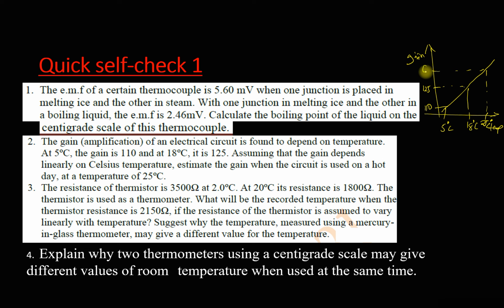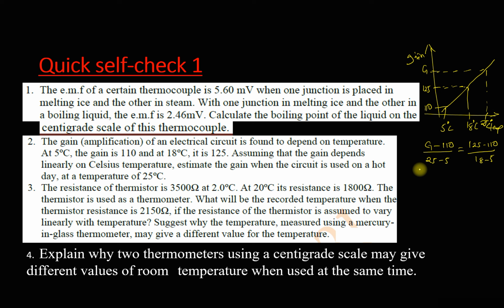Let me just call it G as the gain. If the variation is linear, then I'll just use a gradient. So G minus 110 divided by 25 minus 5 is going to be equal to 125 minus 110 divided by 18 minus 5. I'm just using gradient. The gradients are equal for whatever pair of points that you take.